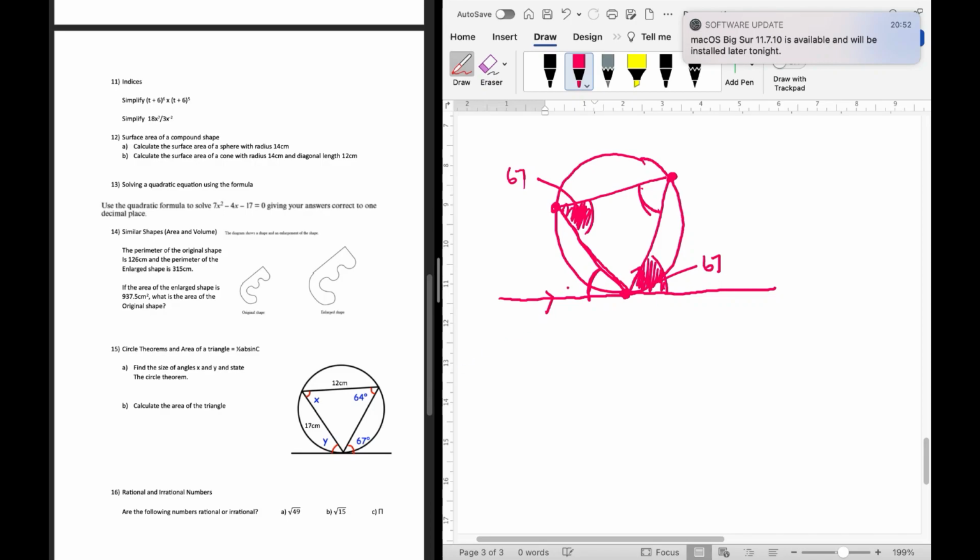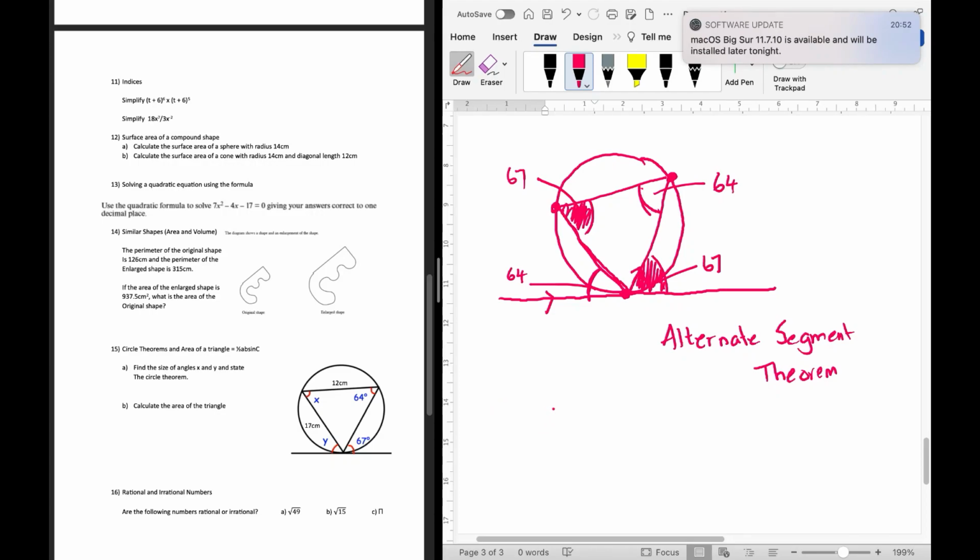And on the picture, this one is 64, so y is 64. So that's the circle theorem. It's called the alternate segment theorem, and we'll talk about this again when we do circle theorems more.